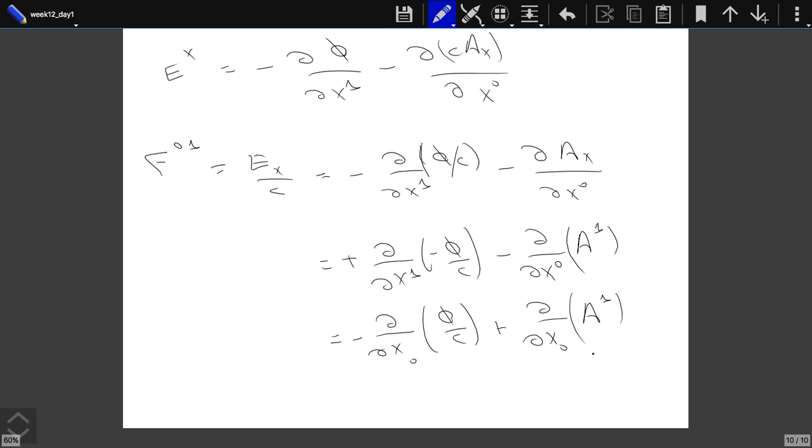Now what did I do over here? Oh, this is x^1. Well, it was an upper index. I lowered it. The one component doesn't change sign. This was an upper index. I lowered it. The zero component changes its sign. That minus one is still over there.